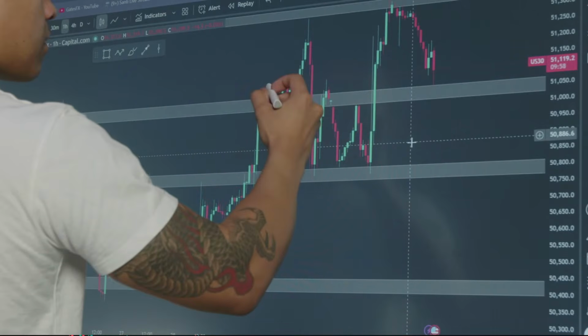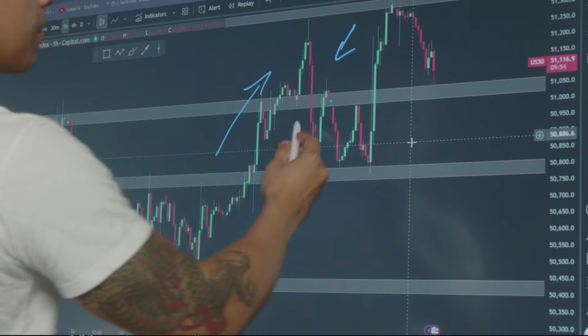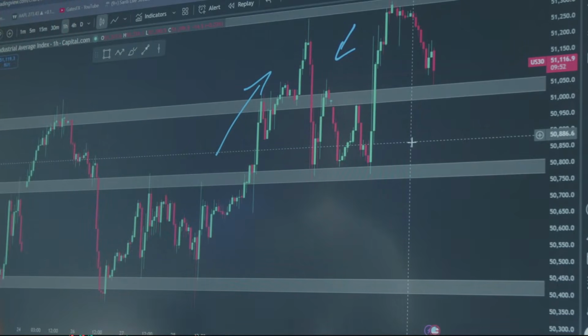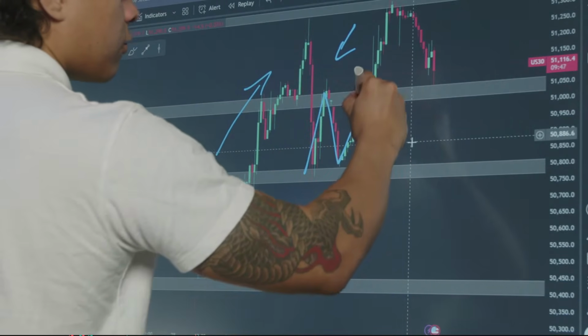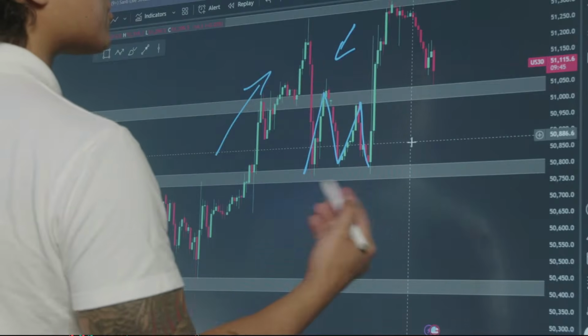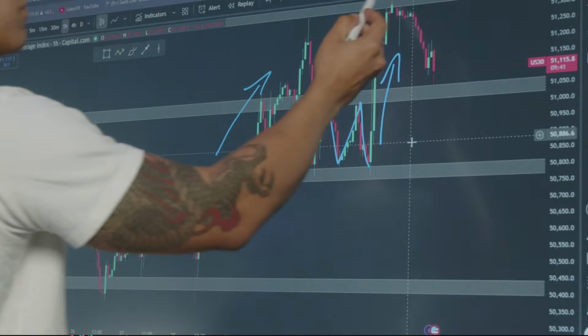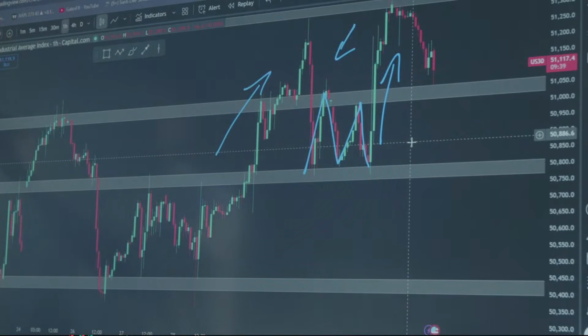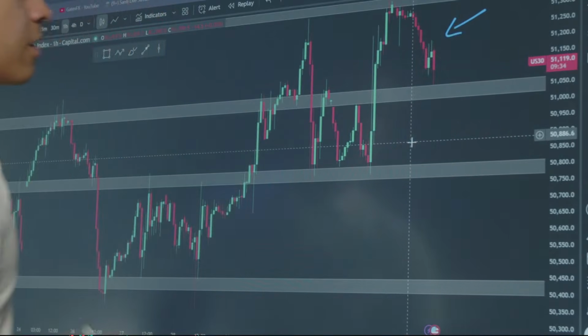Here you have a strong move towards the upside, once again followed up by a very aggressive pullback. Here you have another move up, aggressive move down, move up, another move down. So that's what we have been seeing each time. Now we're getting the same repetition right now because we're seeing the move up. You have your new highs getting created and you have your aggressive pullback taking place.